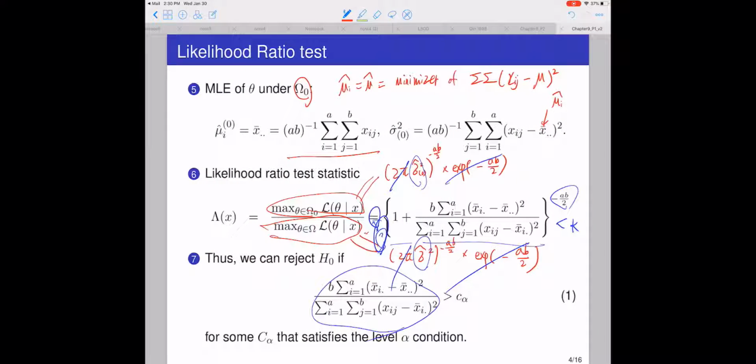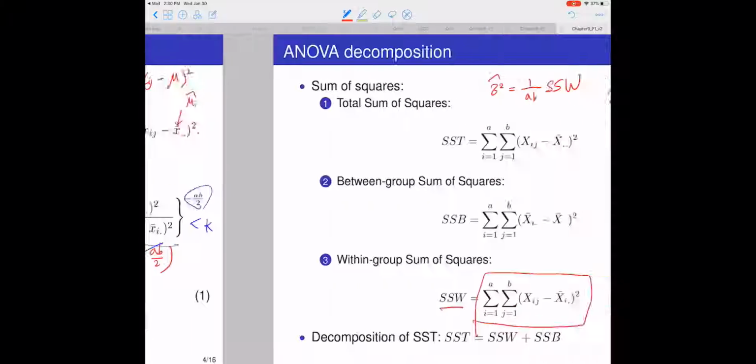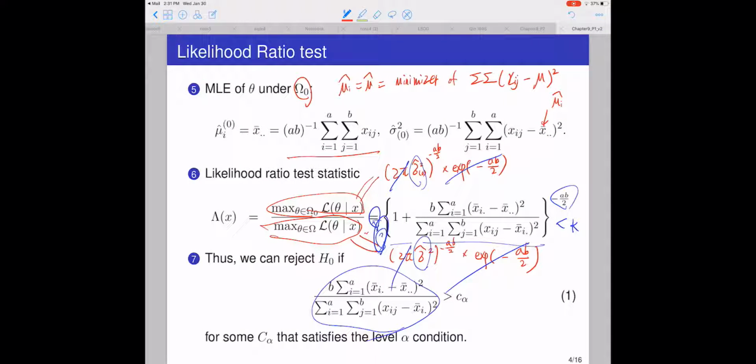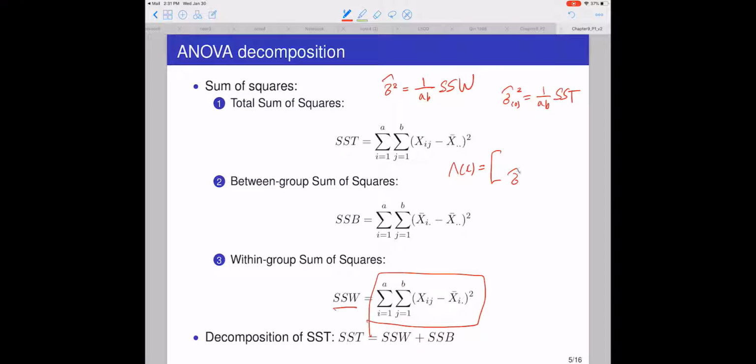So here the ratio is sigma hat squared over sigma hat null squared, to the power minus AB over 2.